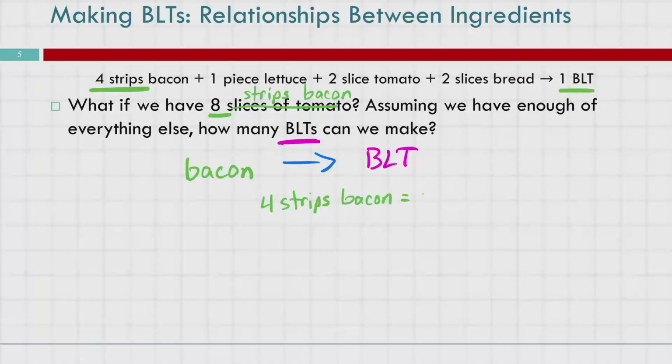So 4 strips of bacon effectively equals 1 BLT. That's our conversion factor. And we're starting with bacon, so our conversion factor is going to be 1 BLT over 4 strips bacon. That's the conversion factor that we're going to use.